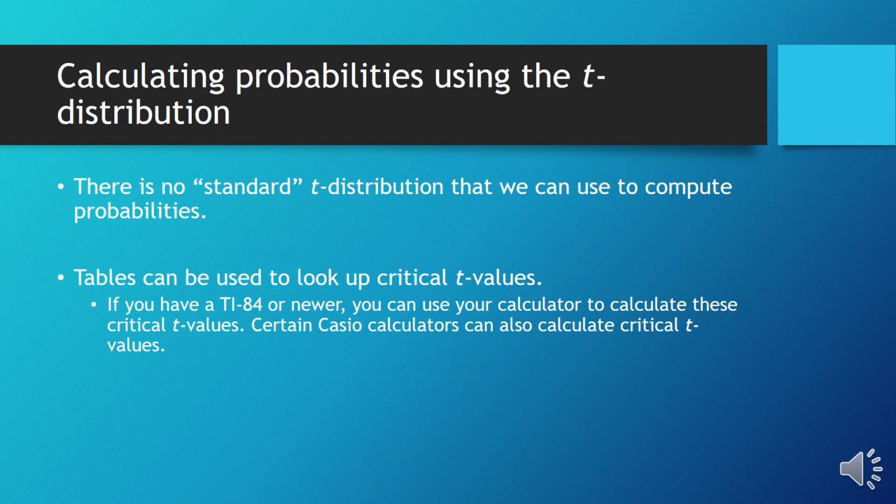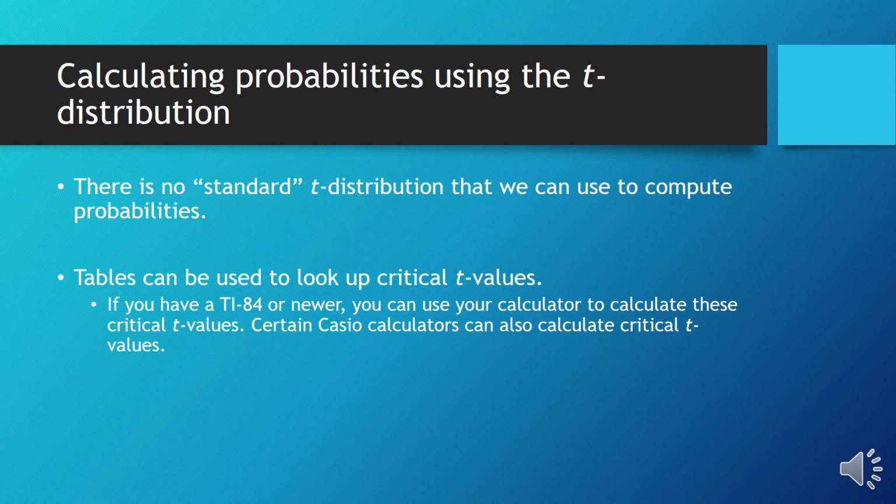But if you have a TI-84 or newer, like the TI-84, TI-84 Plus, TI-84 Plus Silver Edition, or a TI-89 or TI-Nspire, then you can use your calculator to calculate these critical t-values. Certain Casio calculators can also calculate the critical t-values.